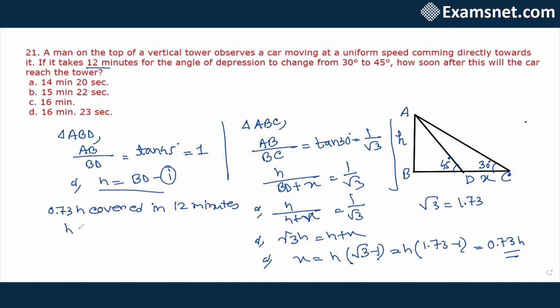So H meter will be covered in 12 by 0.73 minutes. From here, approximately we will get the time as 16 minute 23 second. So yes, this is our answer at option D. 16 minute 23 second the car will take to reach the tower.